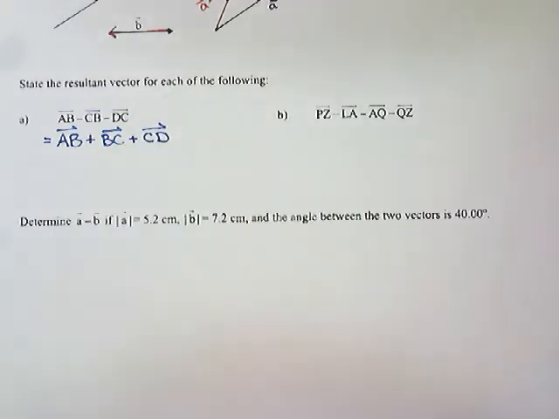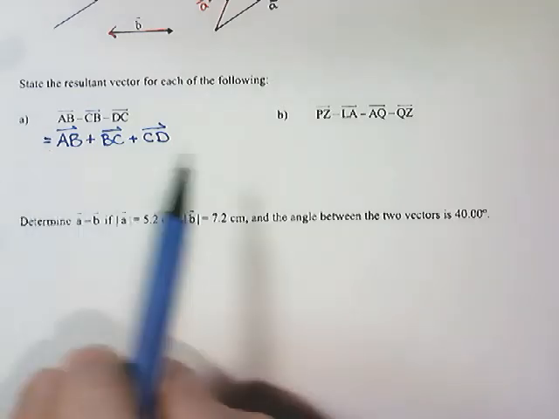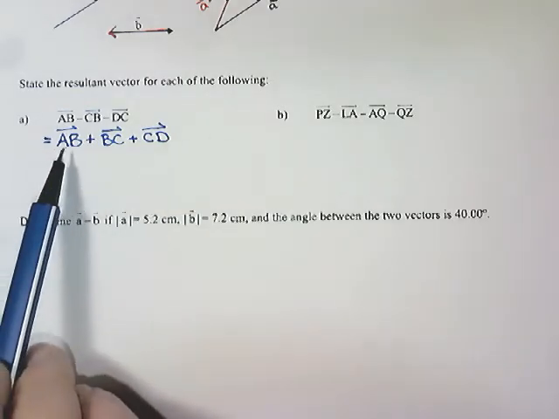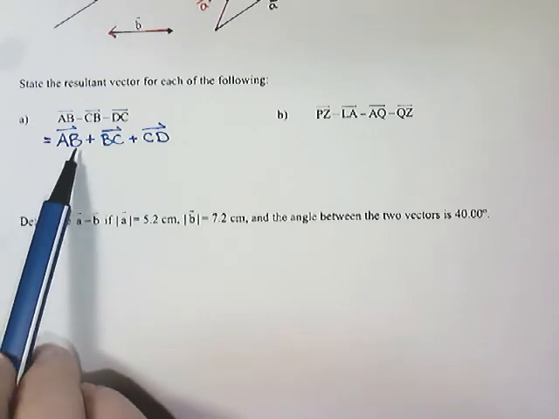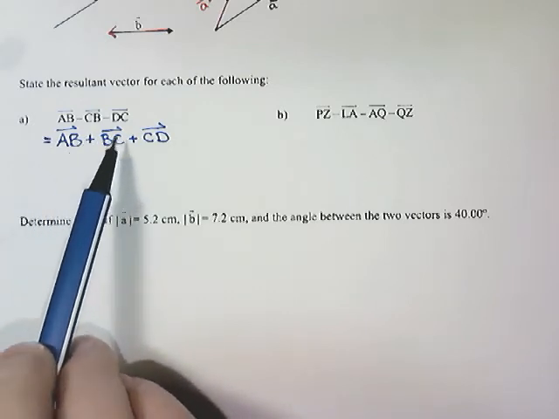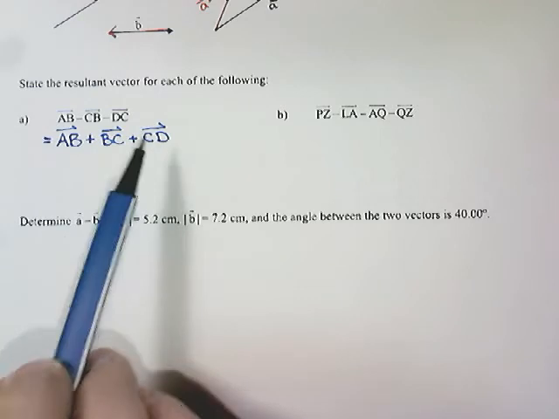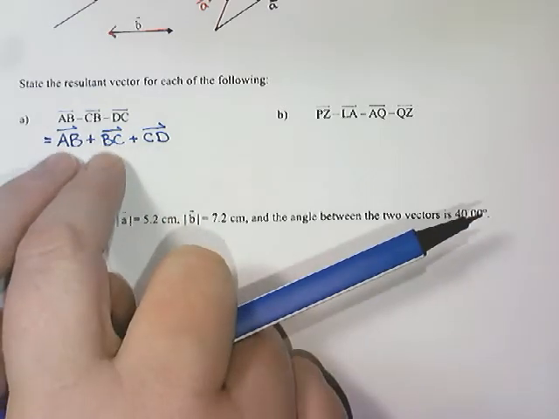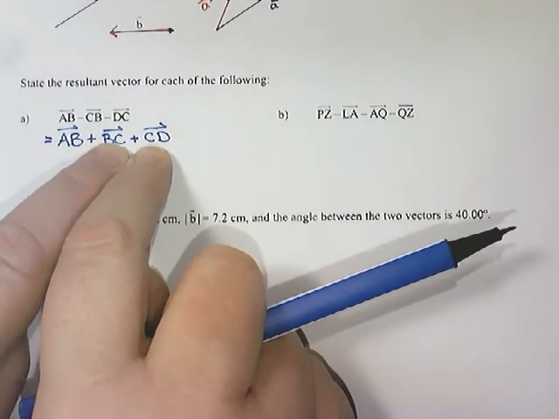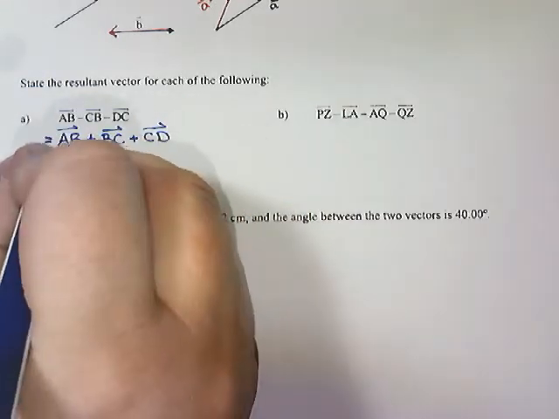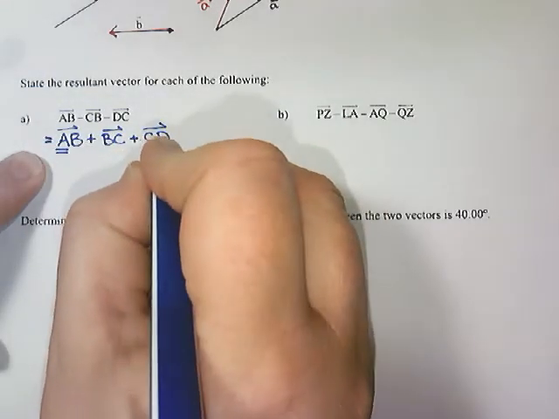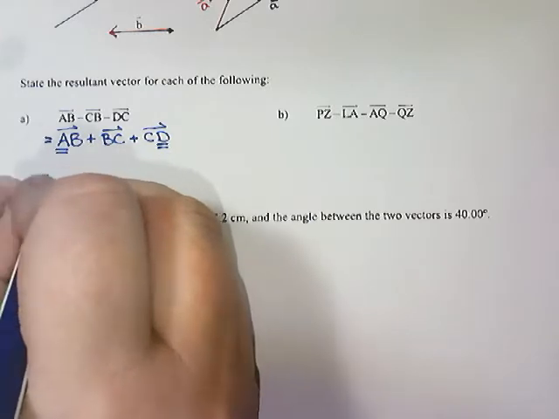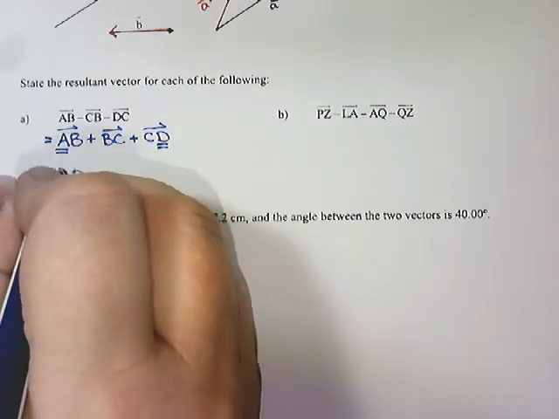What we talked about before is that when you are adding, you want it to be one continuous path. So we went from A to B, and then from B to C, and then from C to D. You want these parts, like the B and the B, the C and the C, to match. If they do, we are starting at A, we are ending at D. This is going to be the vector AD.